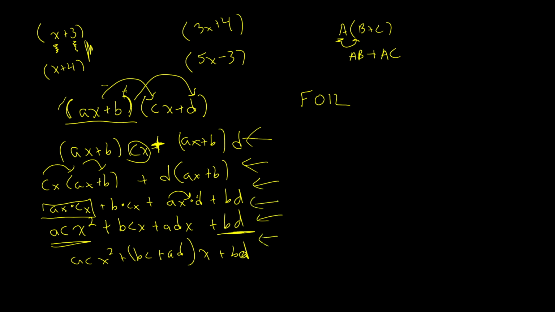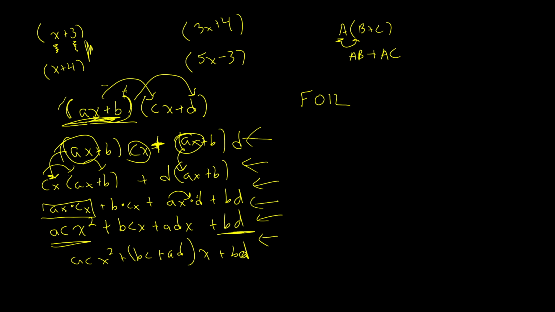But there's a neat trick that can do this for us. One of the things that happened is when I pulled this whole thing in, the first part got multiplied by cx. When I pulled it over here, the first part got multiplied by d.